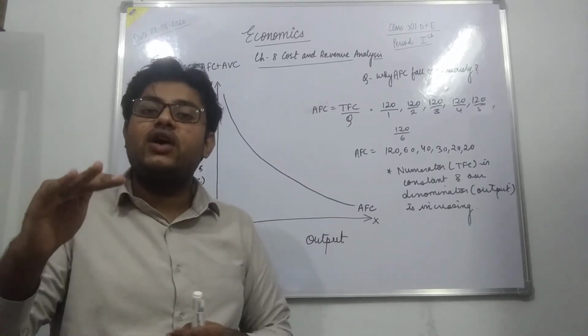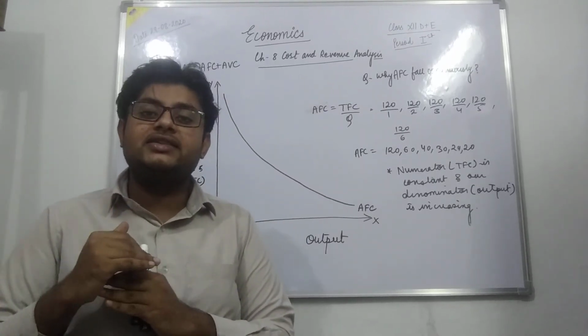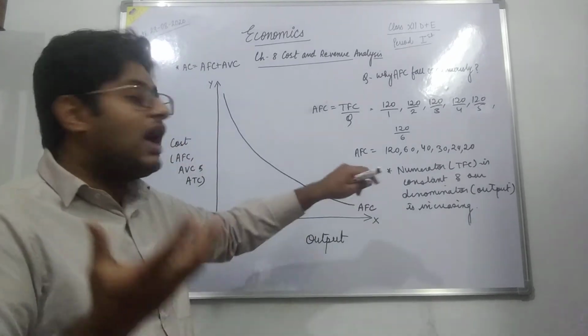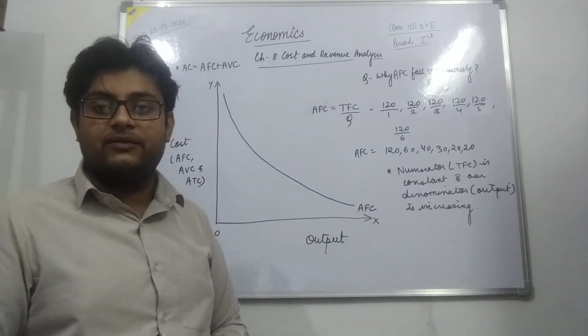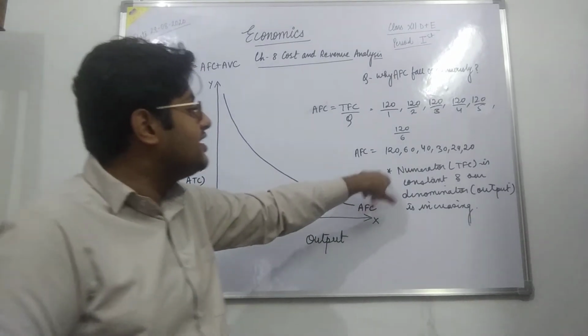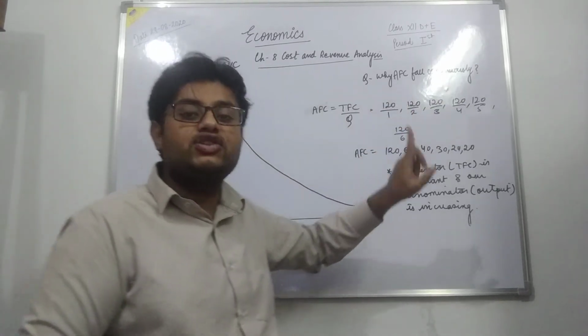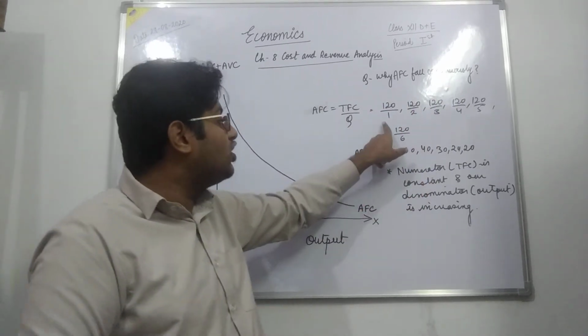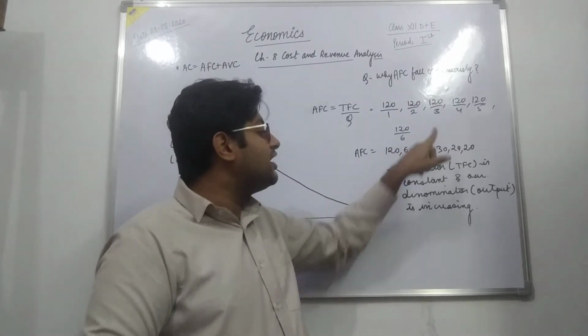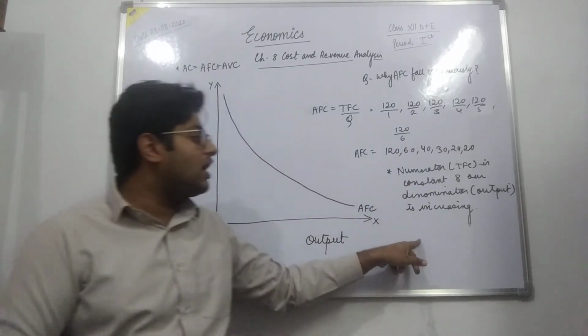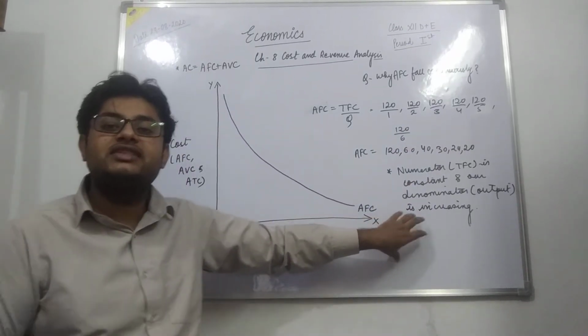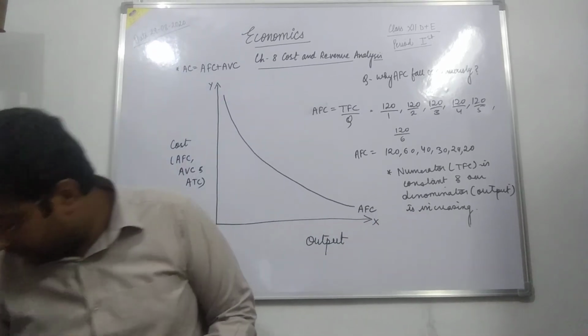Because the chocolates are constant, the number of people are increasing. That is why the average is falling. Same reason is here. Since the numerator, the total fixed cost, is constant, and our denominator, the output, is continuously increasing, that is why the average fixed cost is continuously falling.